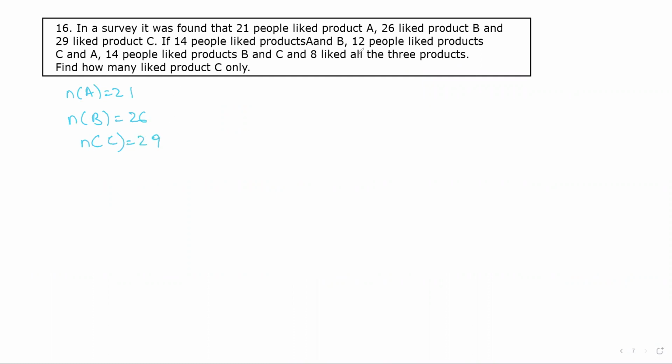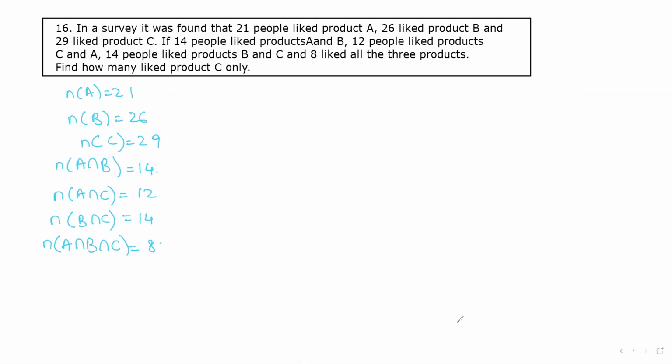If 14 people liked products A and B, n of A intersection B is equal to 14, 12 liked products A and C, n of A intersection C, and 14 people liked product B and C, n of B intersection C is 14. 8 liked all the three products, A intersection B intersection C is equal to 8. Find how many liked product C only.